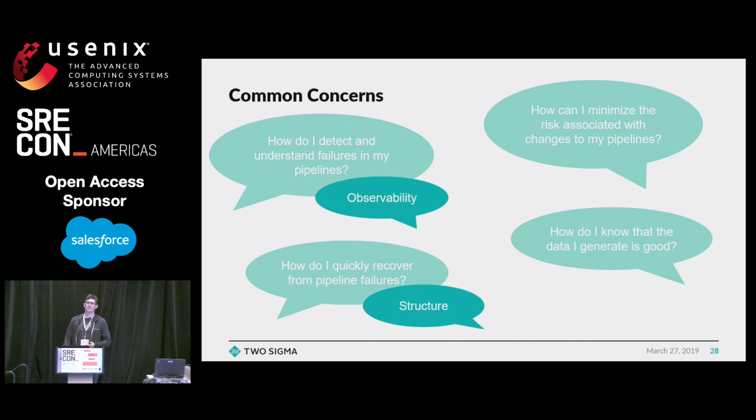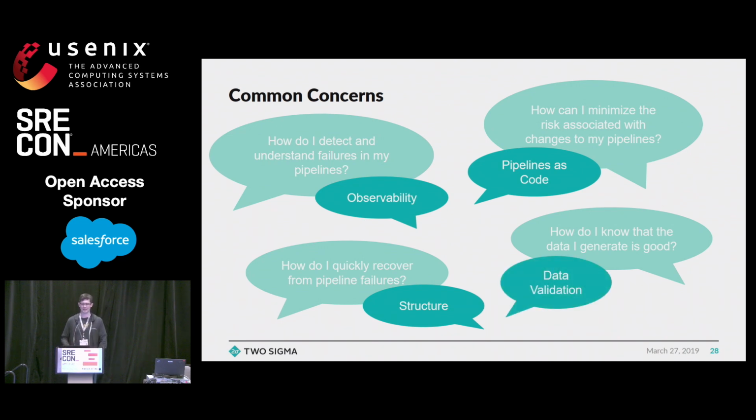If I want to minimize the risk associated with changes to my pipelines, then I should probably be using pipelines as code so that I get a free history of changes, I get code review and static analysis. And how do I know the data I generate is good? Well, that's because I validated it using data validation.